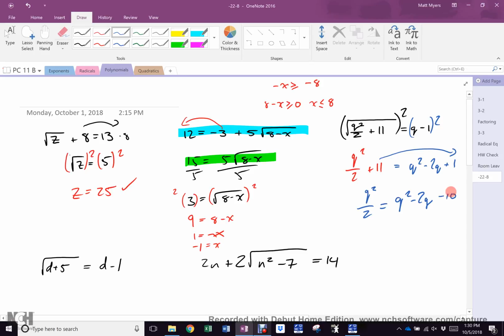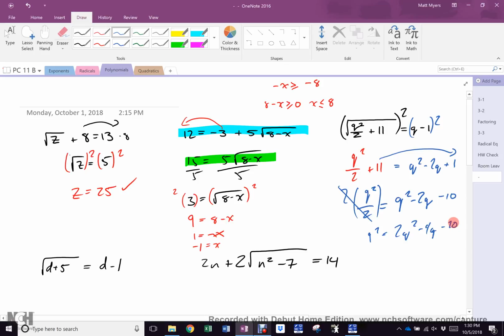Of course you would multiply by what? 2. Because that's all you need to get rid of a fraction. They're so scary. Oh no, whatever will I do? Darn it. Help me, Obi-Wan, help me. Oh wait, I multiply by 2. Damn, that was hard. Q squared equals 2Q squared minus 4Q minus 20.